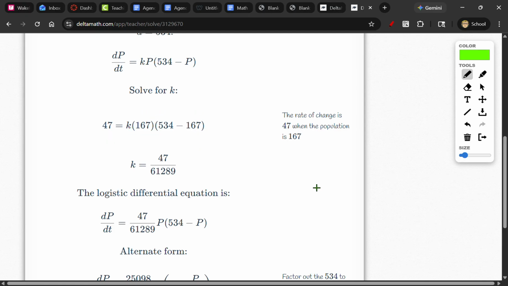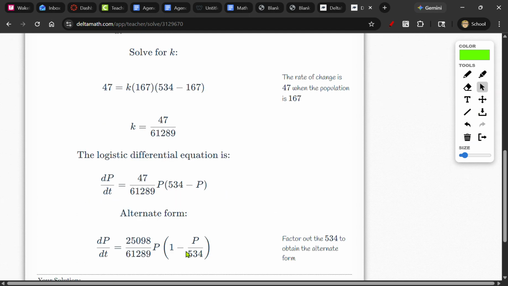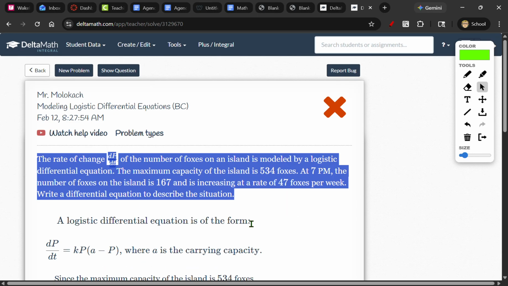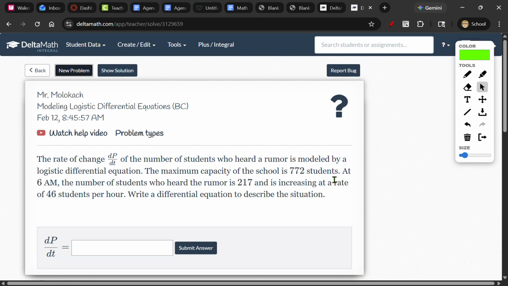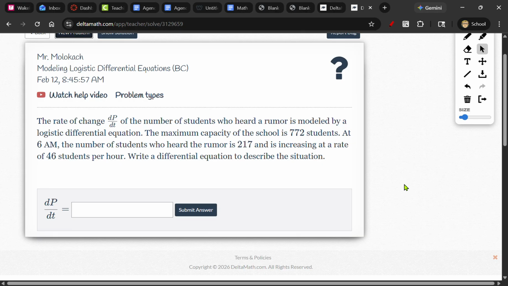And then you'll have to write down this equation, right? You'll have to write that down. There is an alternate form where they have 1 minus P over A, and there's a different k value for that, but I wouldn't mess with that.